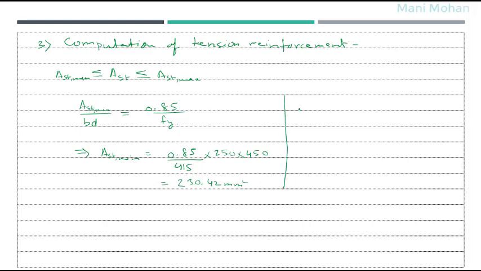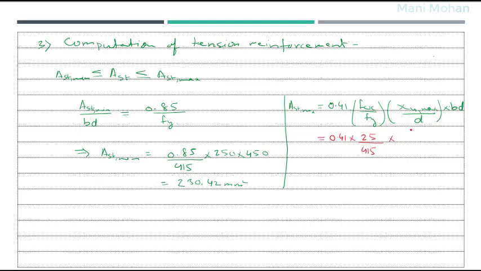What about AST max? For this we had derived the formula. If you remember, it was 0.41 into FCK by Fy, into XU max by D, into BD. Now we'll compute the maximum steel quantity. It will be 0.41 into 25 divided by 415.